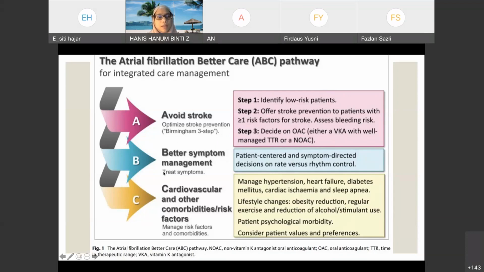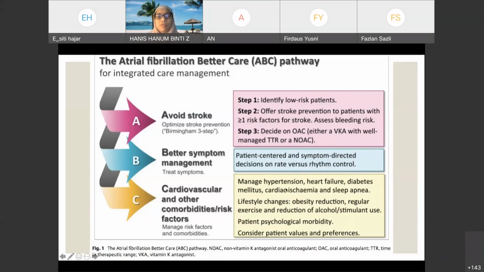The second step, the B, is better symptom management. You treat the symptoms, and it has to be a patient-centered and symptom-directed decision on rate versus rhythm control. We have to decide whether we want to do the rate approach or rhythm approach. And lastly, cardiovascular risk factors, you want to manage them.